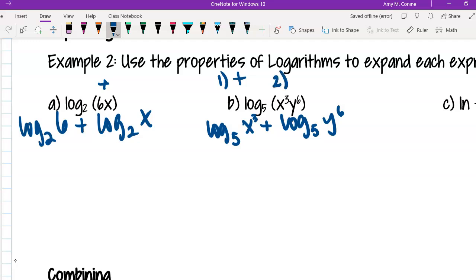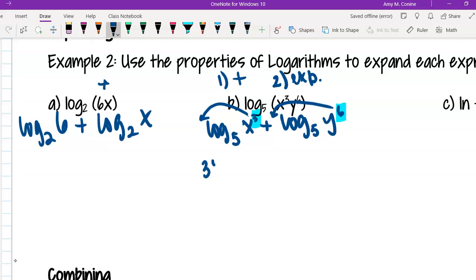And then the second thing I'm going to take a look at are these exponents. You can't leave those there. That's not completely simplified the way it is. So we're going to take care of our exponents in our second step. If you recall from the property we just talked about, all these exponents can be brought out in front of the log, as a coefficient.